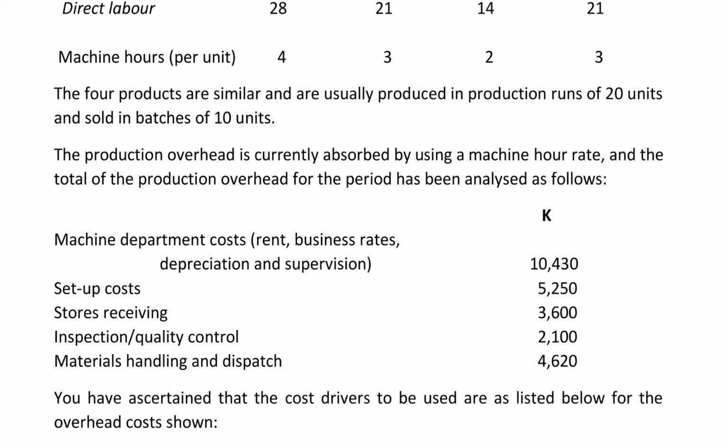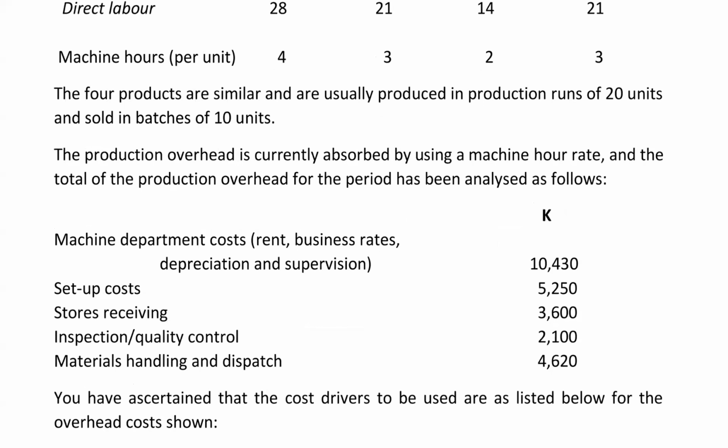Now, the production overhead is currently absorbed using the machine hour rate. Remember, I told you our total cost is made up of prime cost plus overhead costs, right? Which are the indirect costs. Put together, they make up the overhead cost. So we are told that the overhead cost is actually right now absorbed using the machine hour rate. And then the total production overhead for the period has been analyzed.